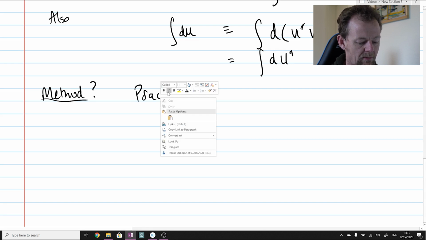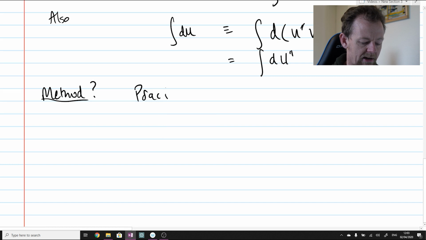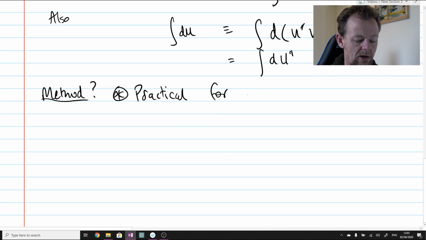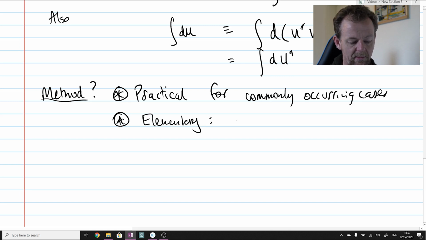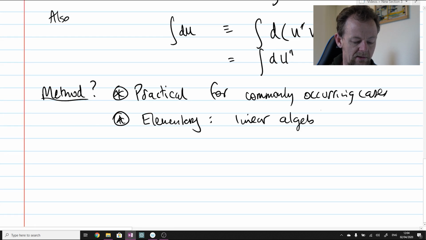What we'd like is that this method is somehow practical for commonly occurring cases. We'd also like that this method is perhaps elementary. And what do I mean by elementary? Well, I mean here that it uses just linear algebra and calculus.